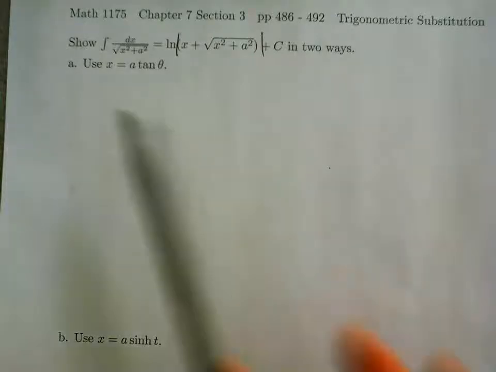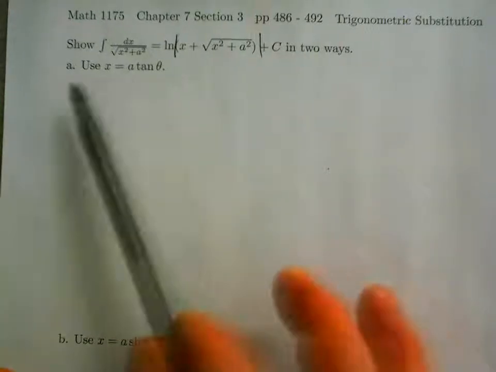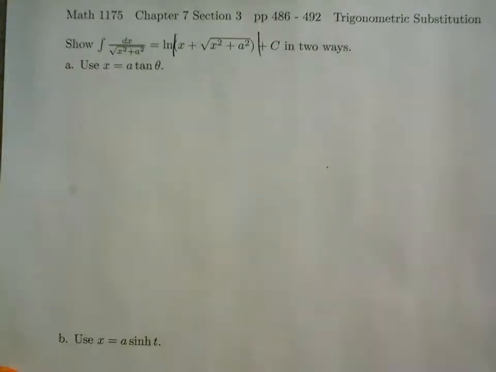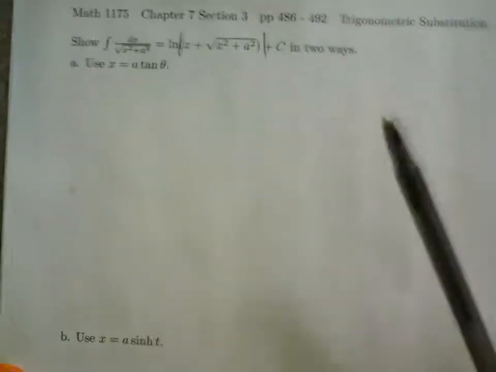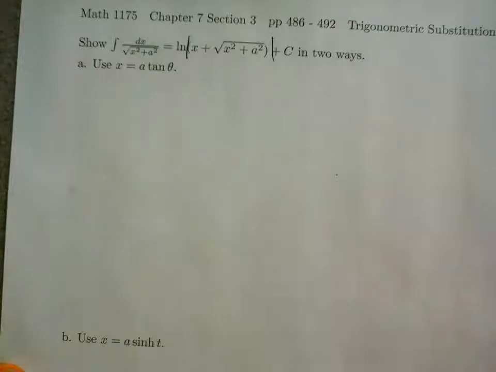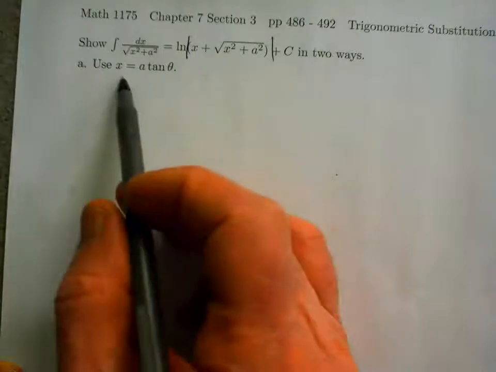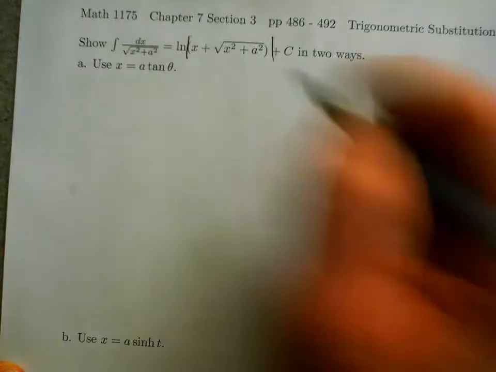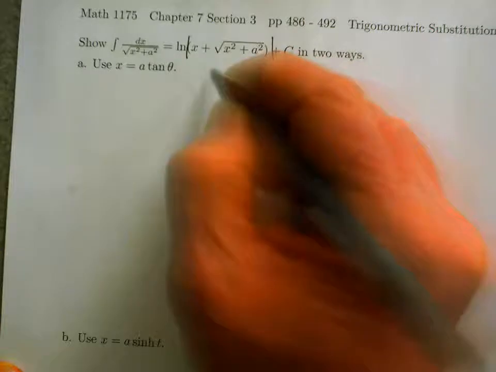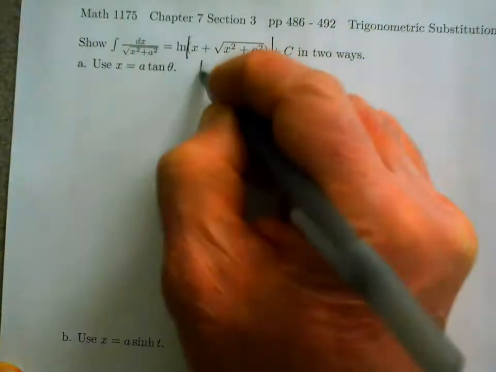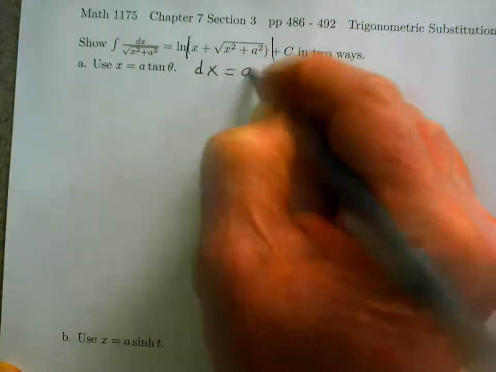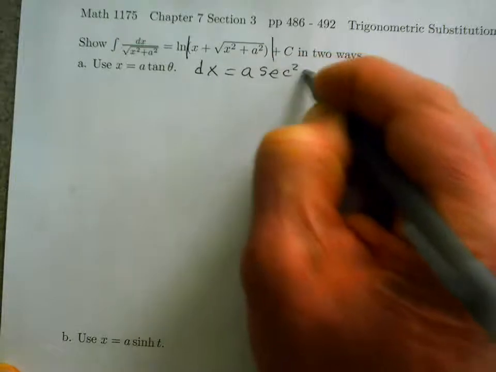So we've actually already have experience with this one in particular for actual numbers for a instead of a squared. But let's go through the process. If x is a times tangent of theta, dx is a times secant of theta squared d theta.